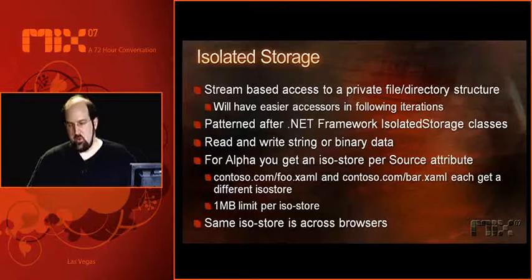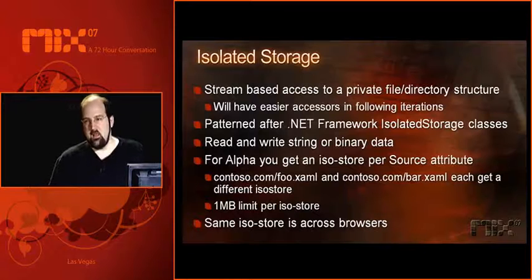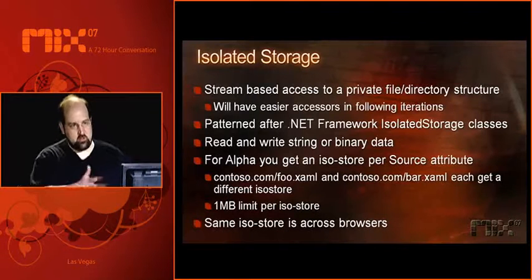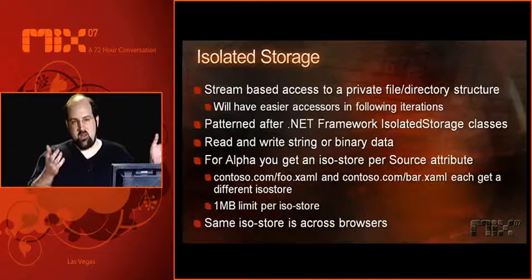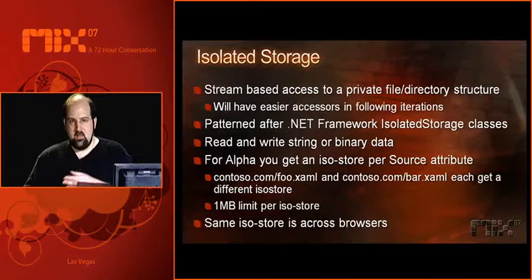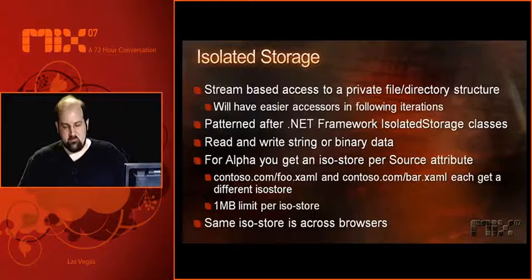For some of you who've poked around in the dustier corners of the .NET Framework, you might recognize the name of this feature, because the full .NET Framework that you run on the desktop also has something called isolated storage. In essence, we took isolated storage as it was implemented in the .NET Framework, refactored it, and plopped it down into the Silverlight client framework.